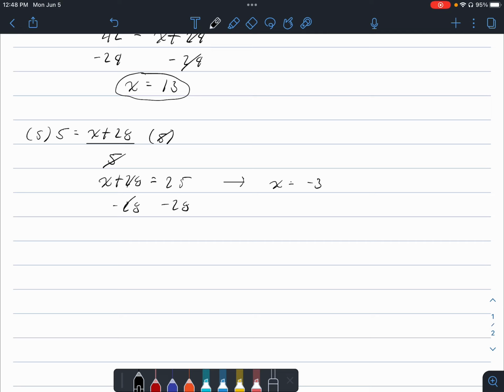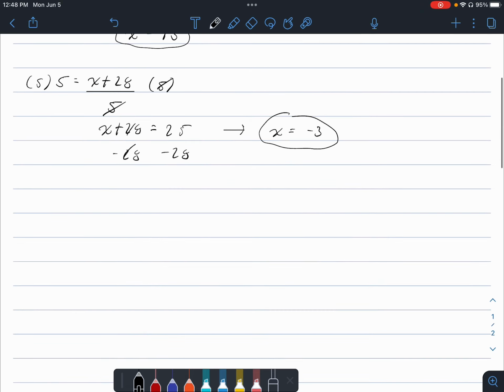Okay? And one thing that's always really helpful in these situations, I should probably mention this, is what you can do if you want to make sure that you've done the arithmetic right, is you can take your answer and plug it back in to the initial equation and see if it works. Okay, so here we have x equals -3, and we can just make sure that this makes sense. So let's take our initial equation, which is 5 equals (x plus 28) divided by 5.